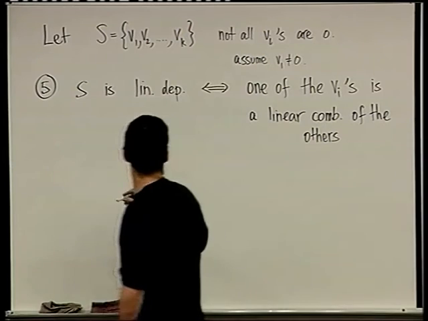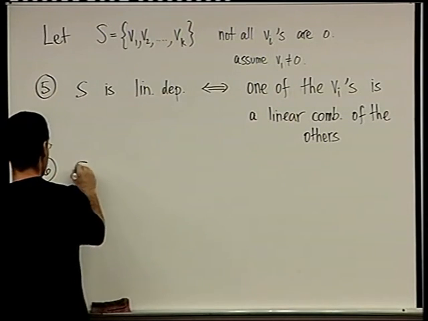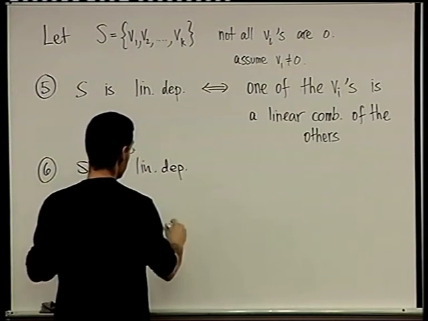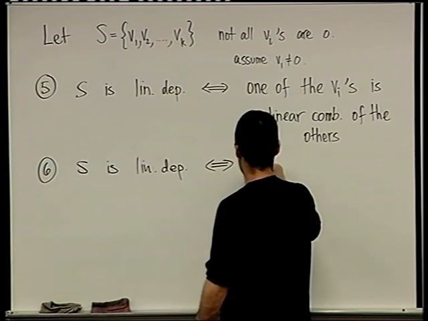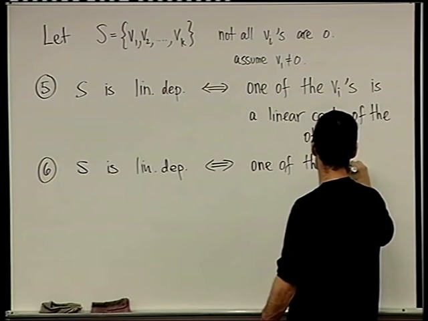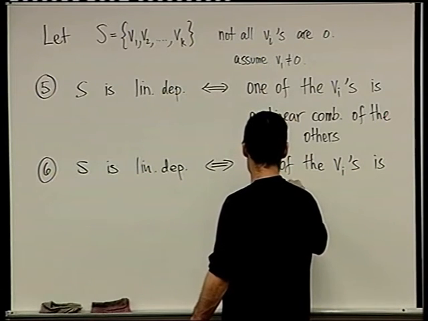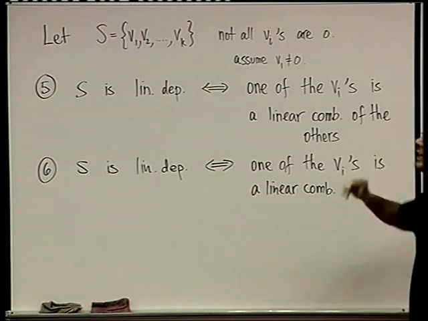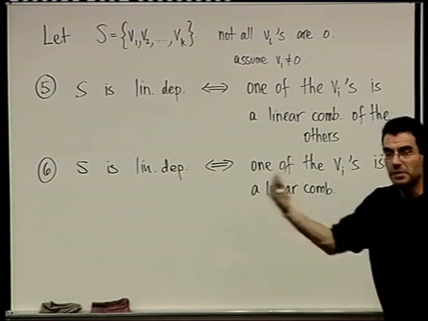And 6 is going to be: S is linearly dependent if and only if one of the Vi's is a linear combination not just of the others, but of its predecessors, of the ones that came before it.